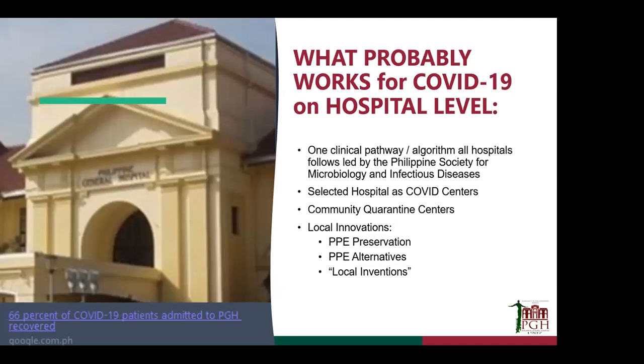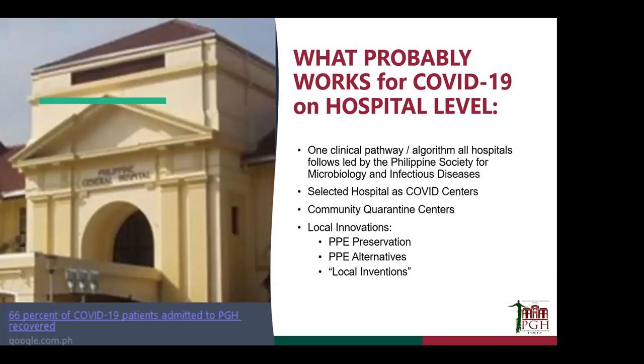We also, the University of the Philippines is also the National Health University hospital. This is called the Philippine General Hospital, and we were actually selected to be one of the COVID-19 referral centers. And what works for our hospital is that we follow certain clinical pathways and algorithms.